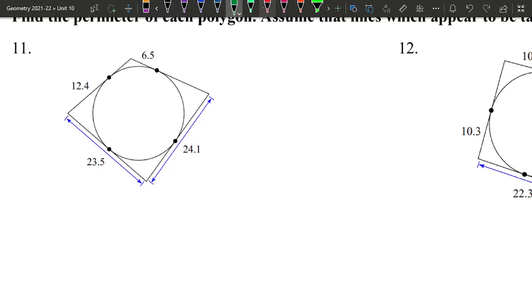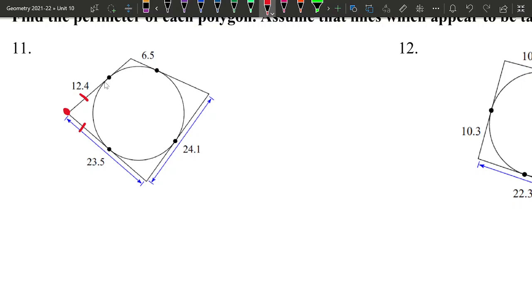So here we have a line, you can see because you have a point of tangency, and you have another tangent line, point of tangency. They intersect at a point outside the circle. So that means the segments that make up the pieces on the outside are equal to each other.